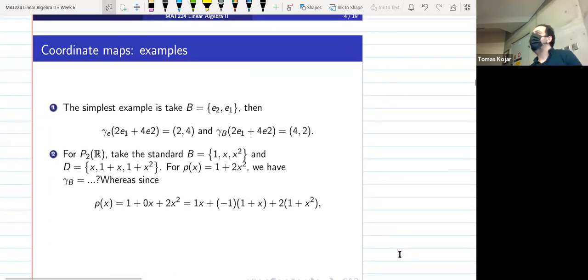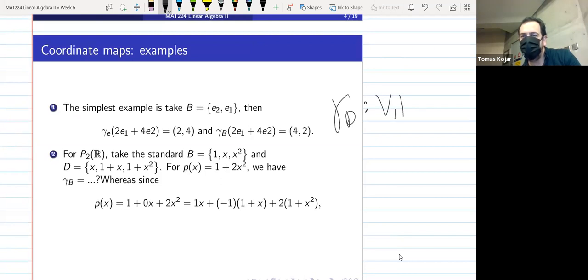So for gamma d, it's a little bit harder. Remember, the input of gamma is the vector space equipped with the basis d. You cannot just add on d comma b. You have to put it in as b or as d, whatever it takes, it has to be in the form of d.